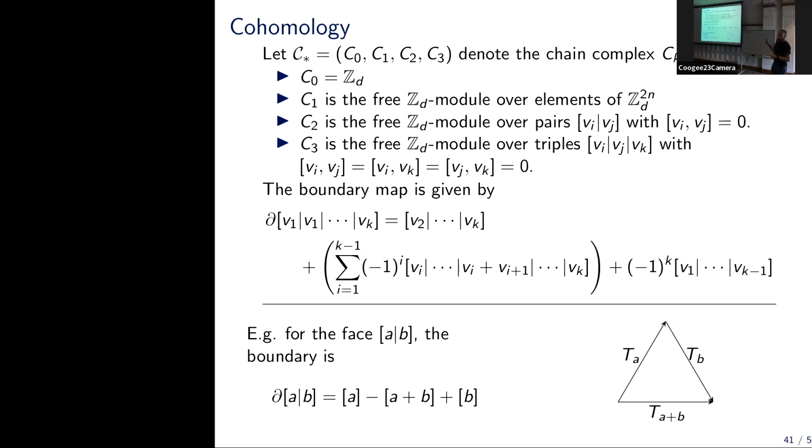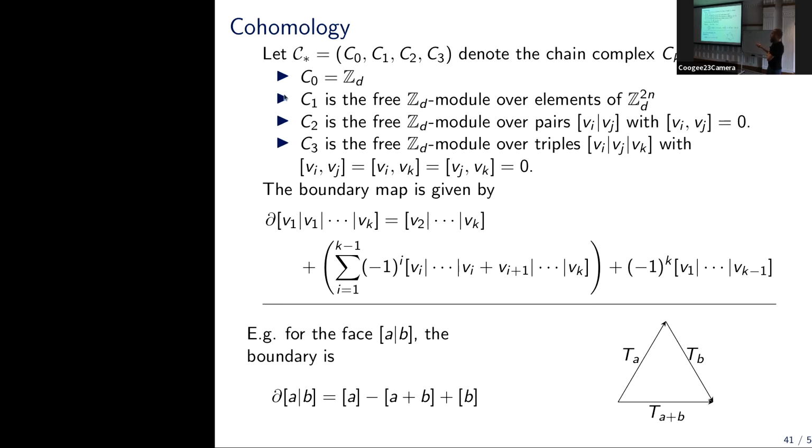The source of why you can't do this for even-dimensional qudits has this cohomological underpinning. So this is what the cohomology looks like. You start by defining this chain complex, C star, where C0 is just ZD, and then C1 is the free ZD module over elements of ZD, over labels of the Pauli operators.